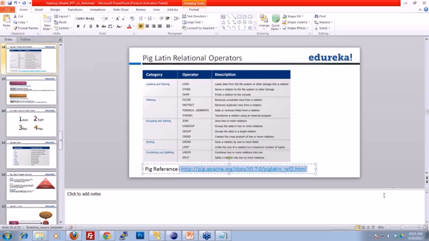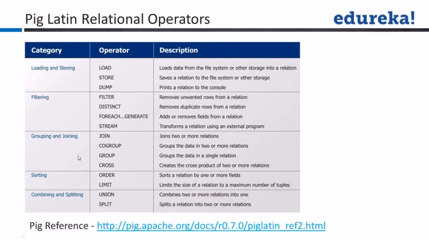This is the complete language reference manual. I'll not be looking at each and every command of the language because I don't think that is the best way to take this class forward. I'll discuss some of the important things, and the remaining things we'll see from this language reference manual as we write more programs in Pig. Is that okay with everyone?